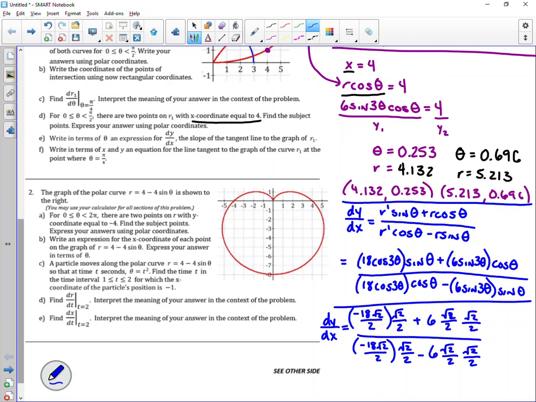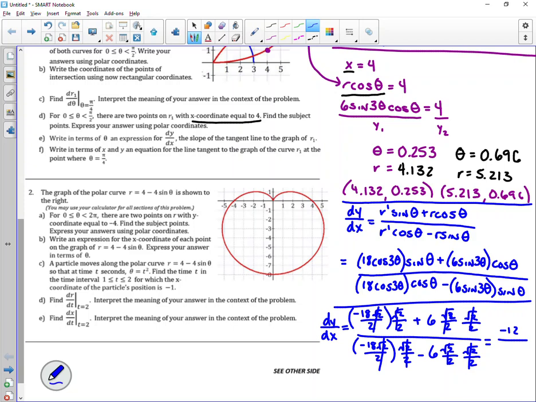Well, there are so many root 2's in everything, we can cancel them. Negative 18 plus 6 is negative 12, over negative 18, minus 6.